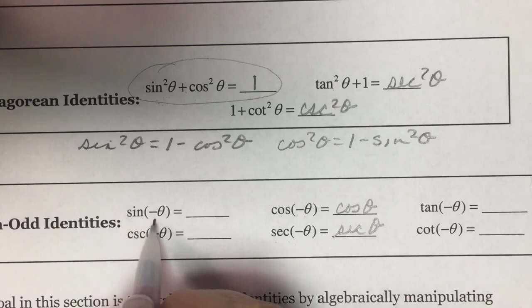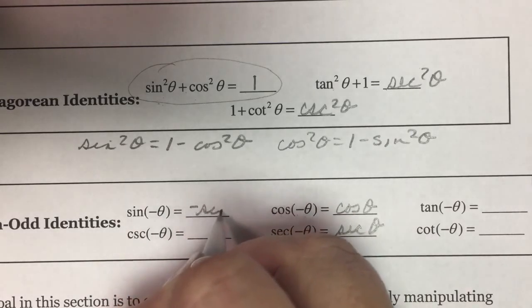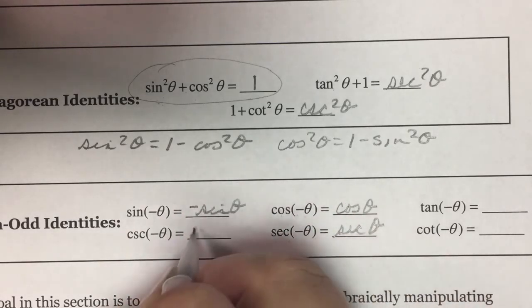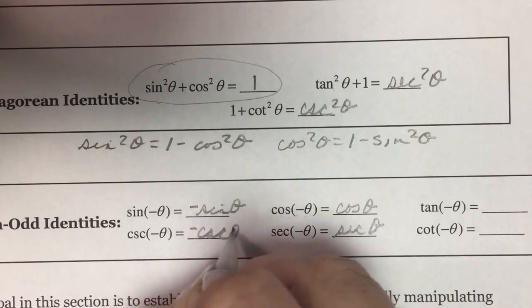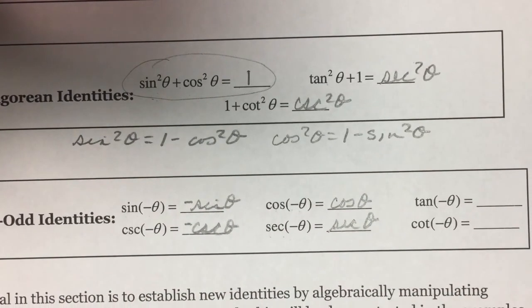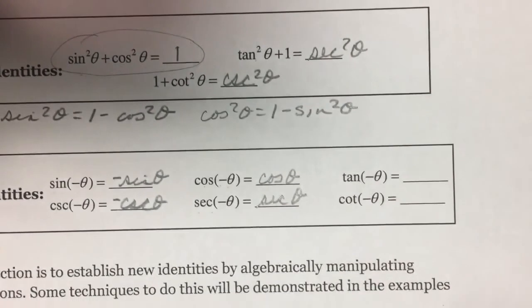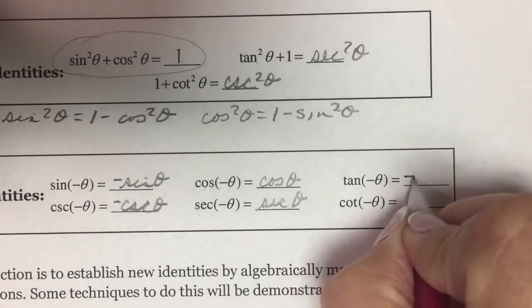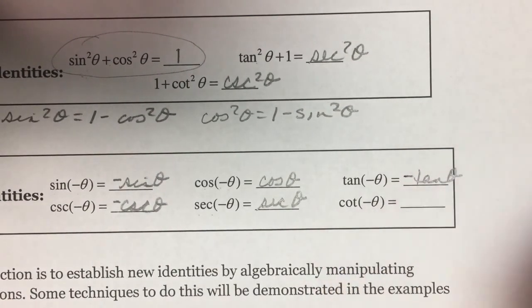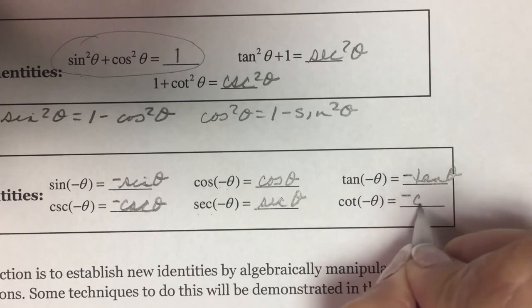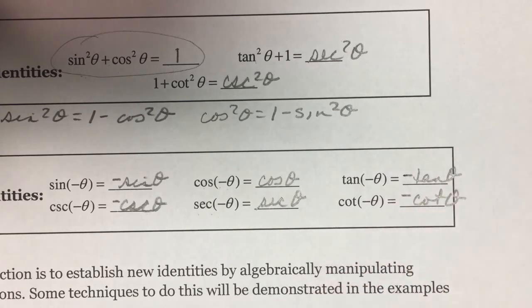So the sine of negative theta is actually the negative sine of theta, and same thing for cosecant theta. Same thing over here for tangent: the tangent of negative theta is negative tangent of theta, and cotangent would be the negative cotangent of theta.